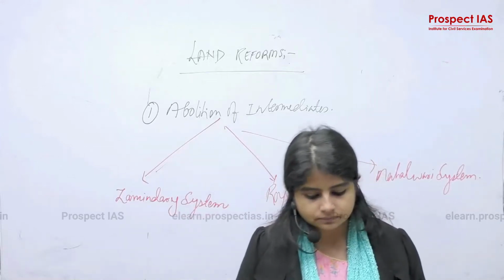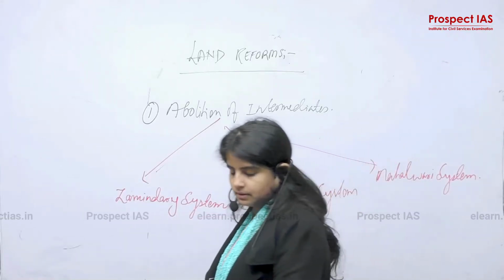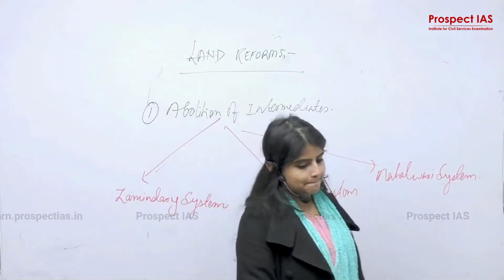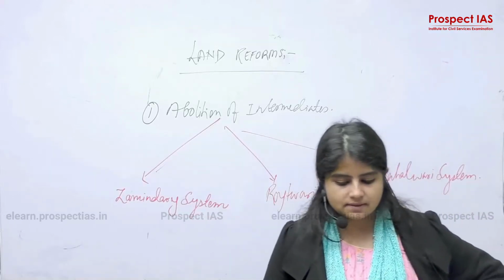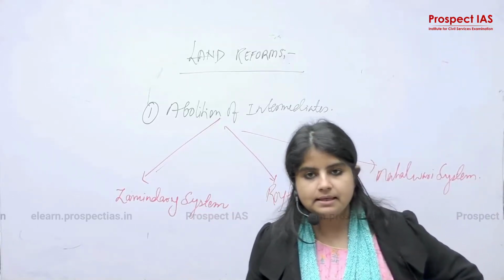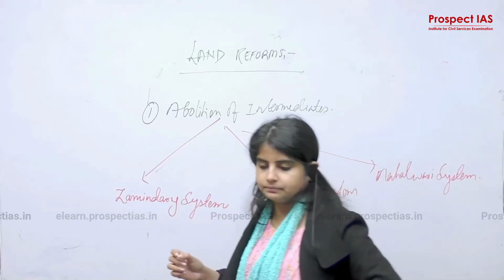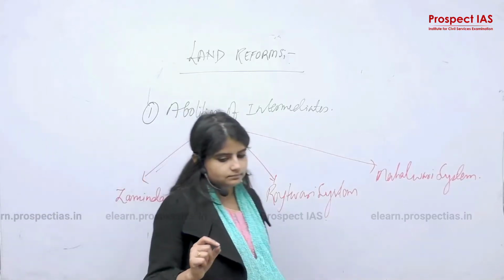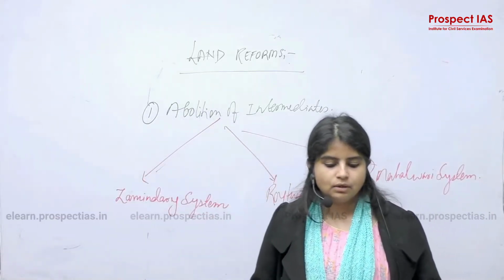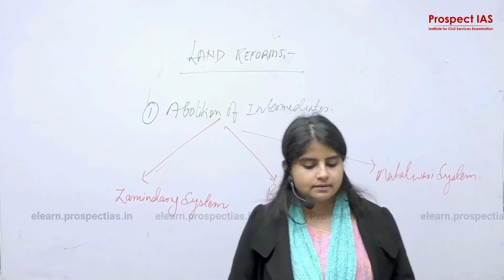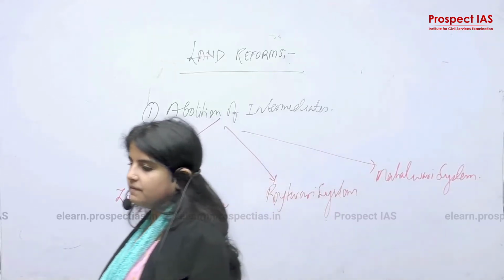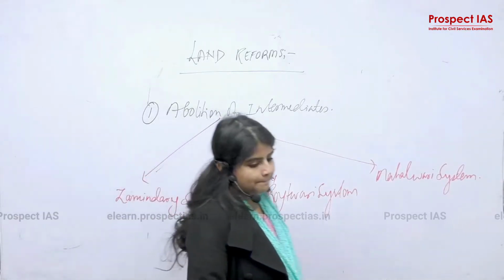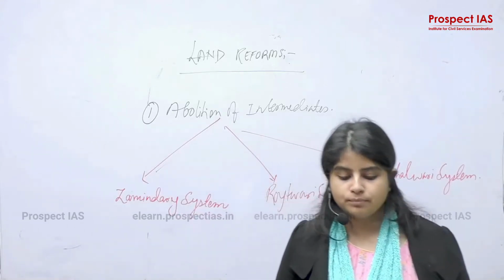So write down, the zamindari system with absentee representatives pushed Indian agricultural lands more into degraded and subsistence farming with low productivity.